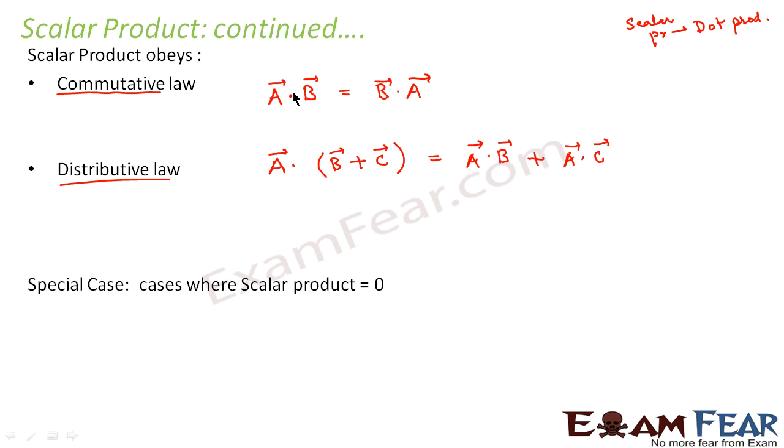So when I say A dot B, I mean the scalar product of A and B. So the distributive law is A dot (B plus C) equals A dot B plus A dot C.